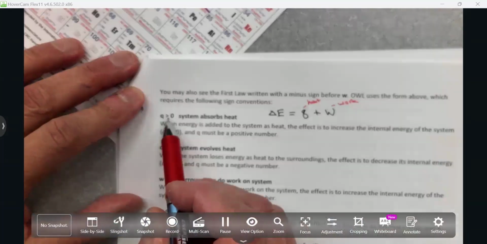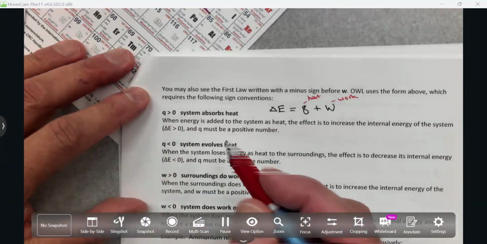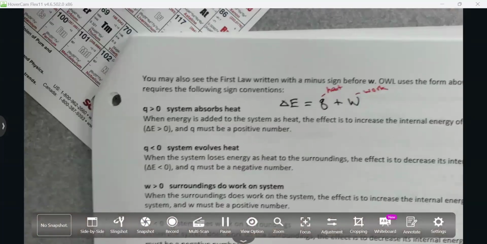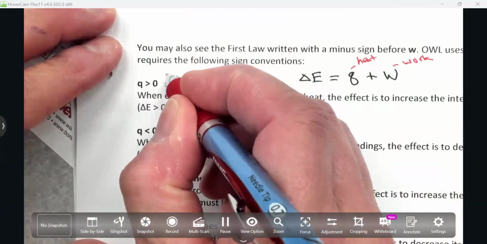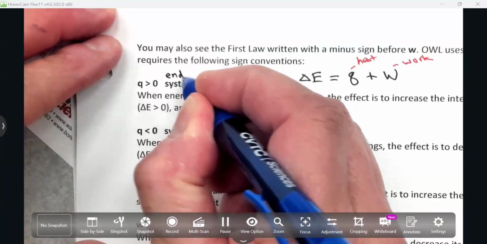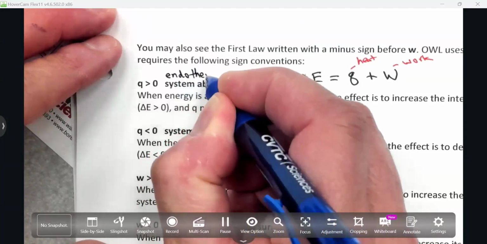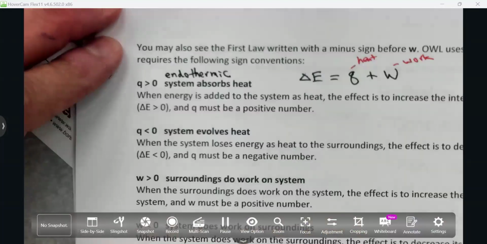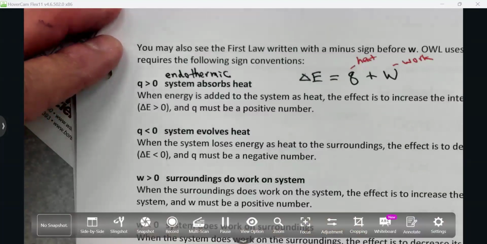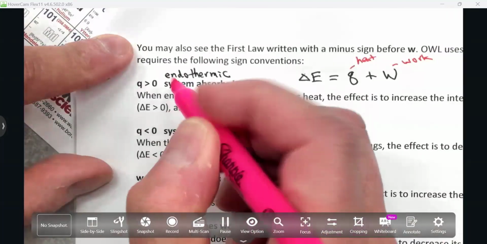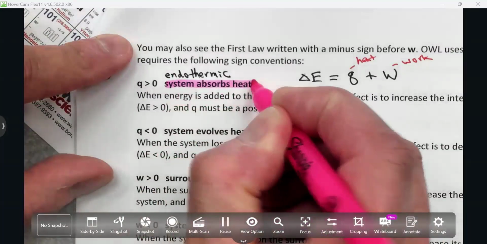If Q is less than 0, or excuse me, Q is greater than 0, just like previously, we know that this is endothermic. The same sign conventions as before. It's endothermic then. The system absorbs heat.